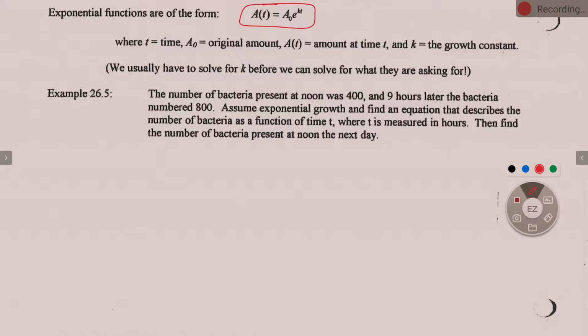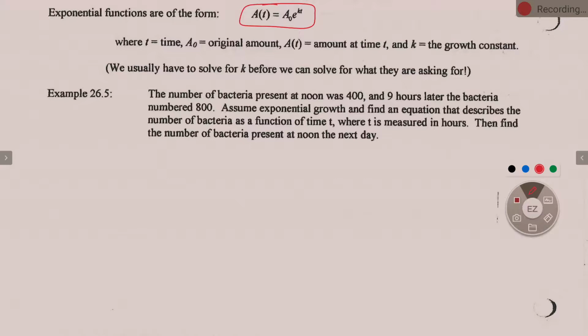However you think about that, A of 0, A sub 0, A naught, it's the original. It's your initial amount. A of t is the amount at time t, and k is our constant, which represents the growth constant.